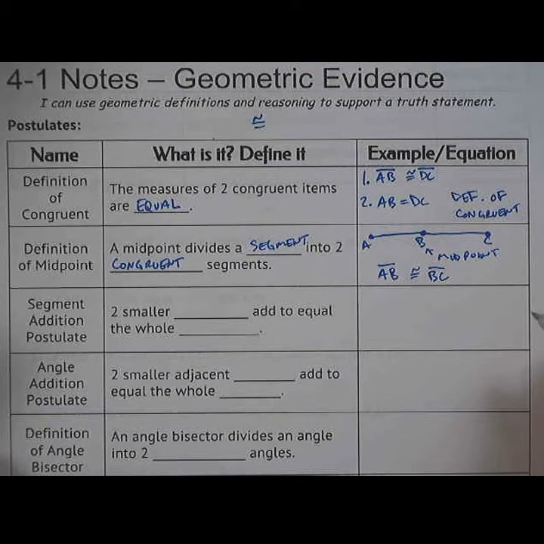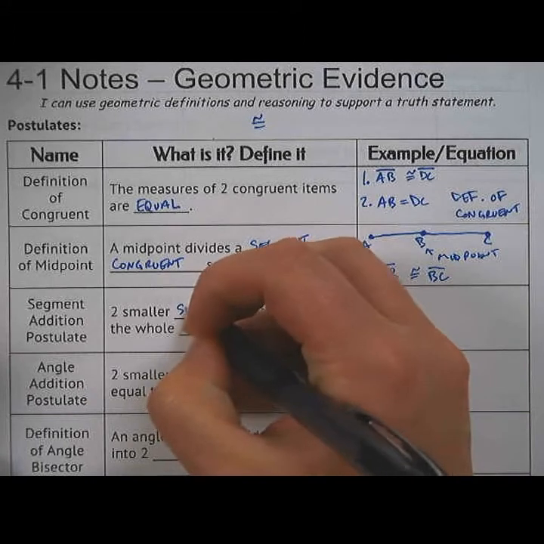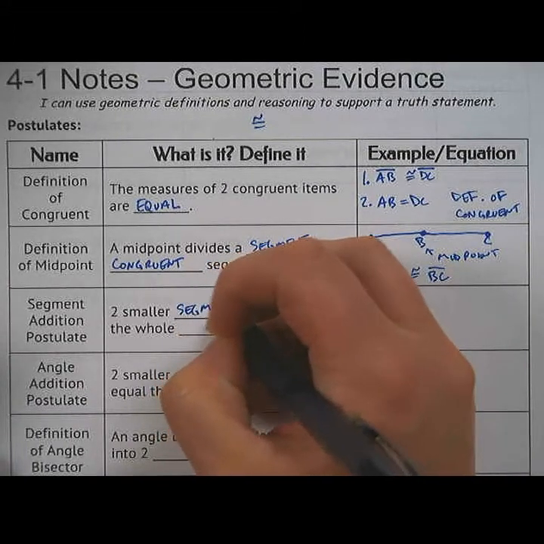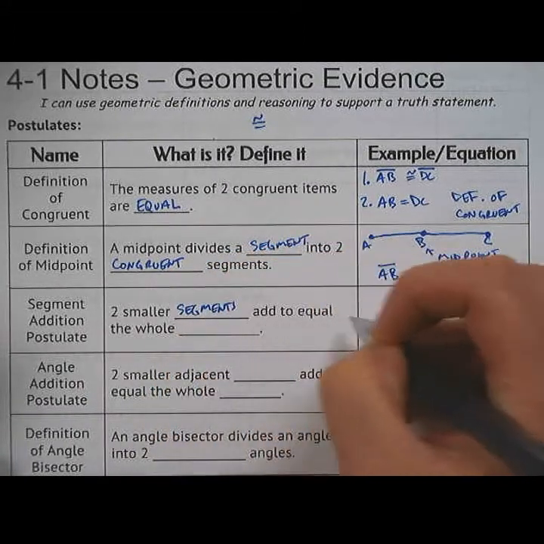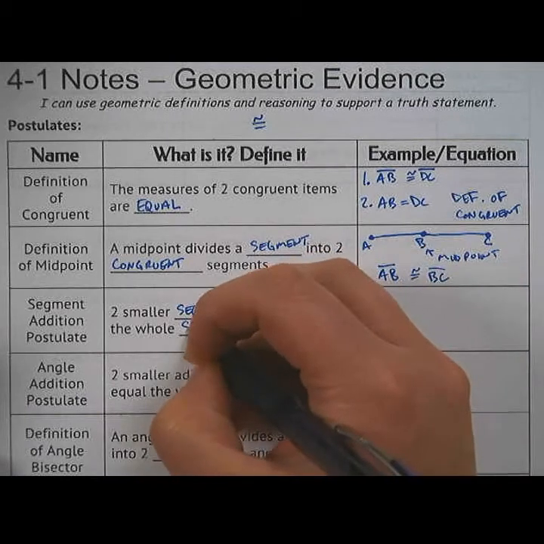Okay. So the next one we have is a segment addition postulate, and we've already kind of experienced this in concept 1, where we have two smaller segments, and they add together to equal the whole segment.